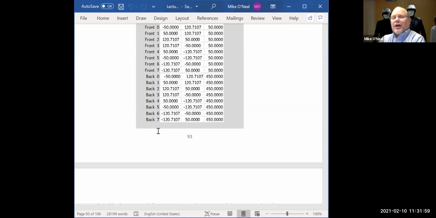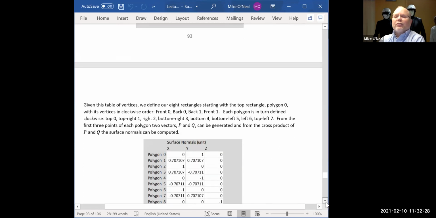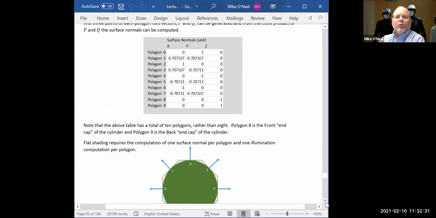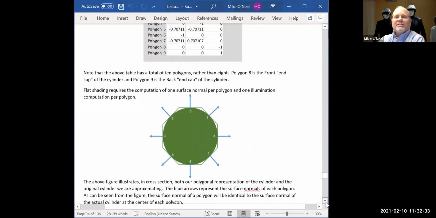You've got an octagon at the front that includes all of these vertices, and then you've got an octagon at the back that includes all of these vertices. But then the vertices are reused because, like, the top polygon is front 0 to back 0, back 0 to back 1 to front 1. So I'm reusing these vertex points. Vertices can have different surface normals depending upon which polygon they're participating in.